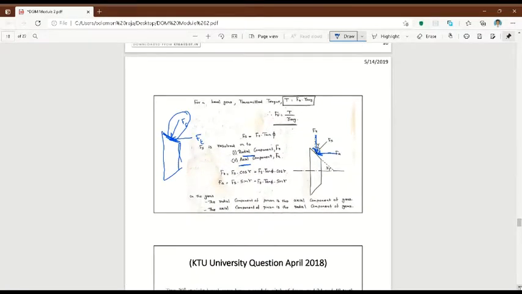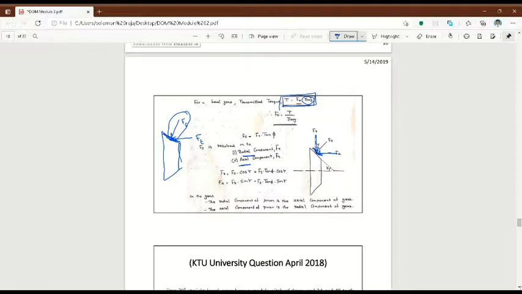Now, transmitted torque on the bevel gear. Transmitted torque will be Ft into R average. Why we need this R average is to find out the torque value. Torque means force into distance.